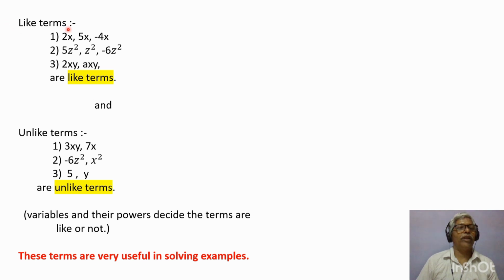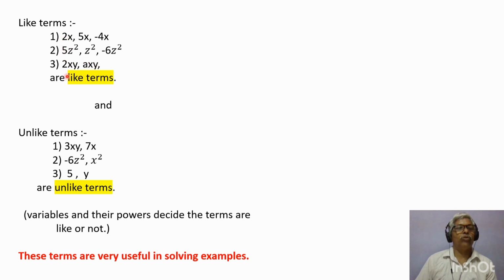Definitions of like terms and unlike terms, very easy to understand. Let's consider these examples. 5x minus 4x, or 5z square or minus 6z square, or 2xy, axy.